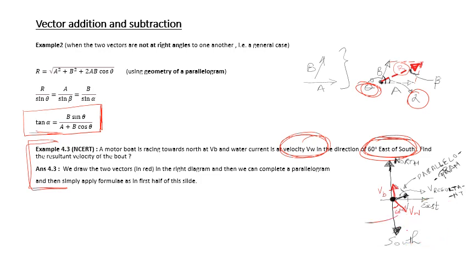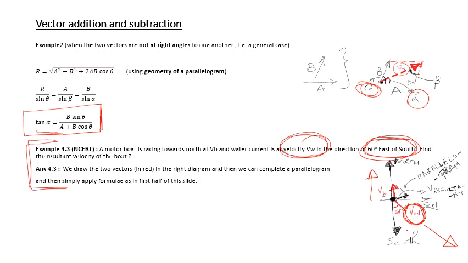This is the angle we are talking about, 60 degrees, also written there. That is the velocity of water. Assume that this diagram is drawn from a drone or from the top, looking at the boat which is trying to go in the north direction, and the water velocity is in this direction. So we have to find the resultant direction in which the boat will go.